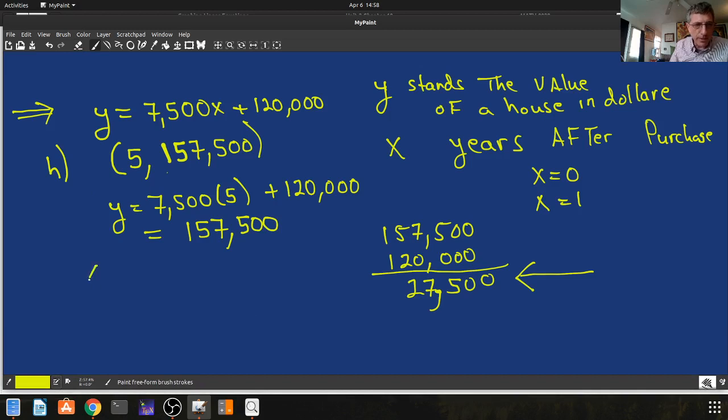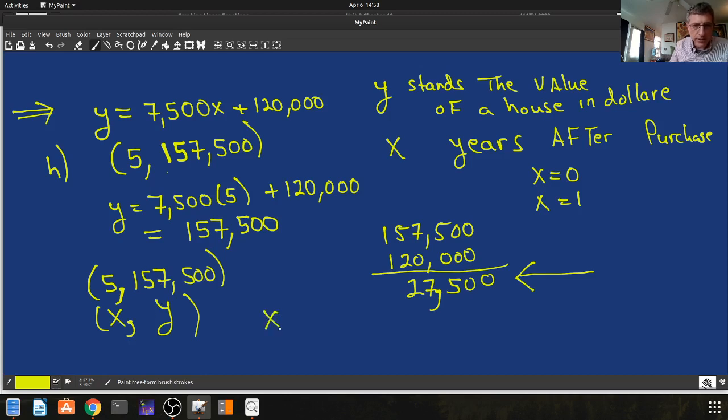The ordered pair 5, 157,500. So remember, this comma separates my x value from my y value. The comma over here separates the thousands from the hundreds.